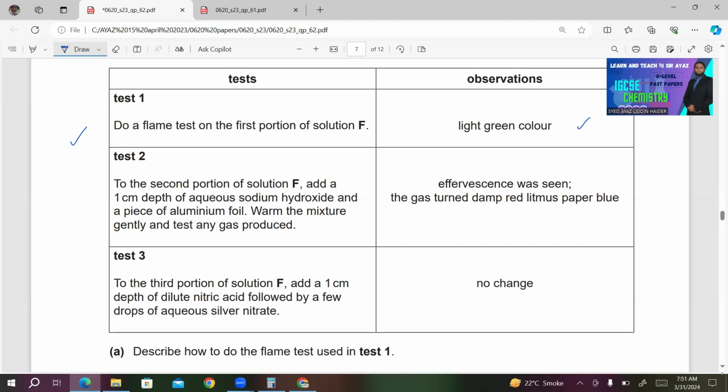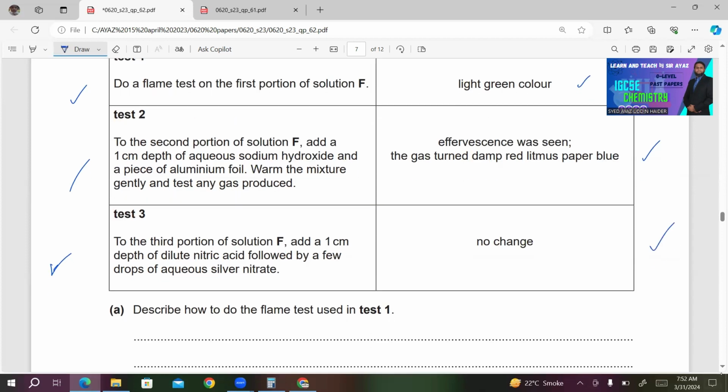Test 2, to the second portion of solution F, add a 1 centimeter depth of aqueous sodium hydroxide and a piece of aluminum foil. Warm the mixture gently and test any gas produced. Effervescence was seen. The gas turned damp red litmus paper blue. Test 3, to the third portion of solution F, add a 1 centimeter depth of dilute nitric acid followed by a few drops of aqueous silver nitrate. No change. A. Describe how to do the flame test used in test 1.